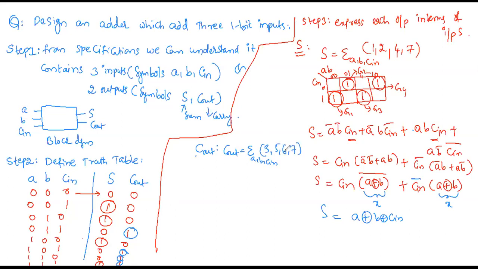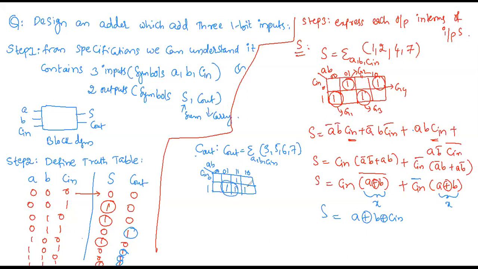Apply K-map. Wherever the minterm is present, keep 1.